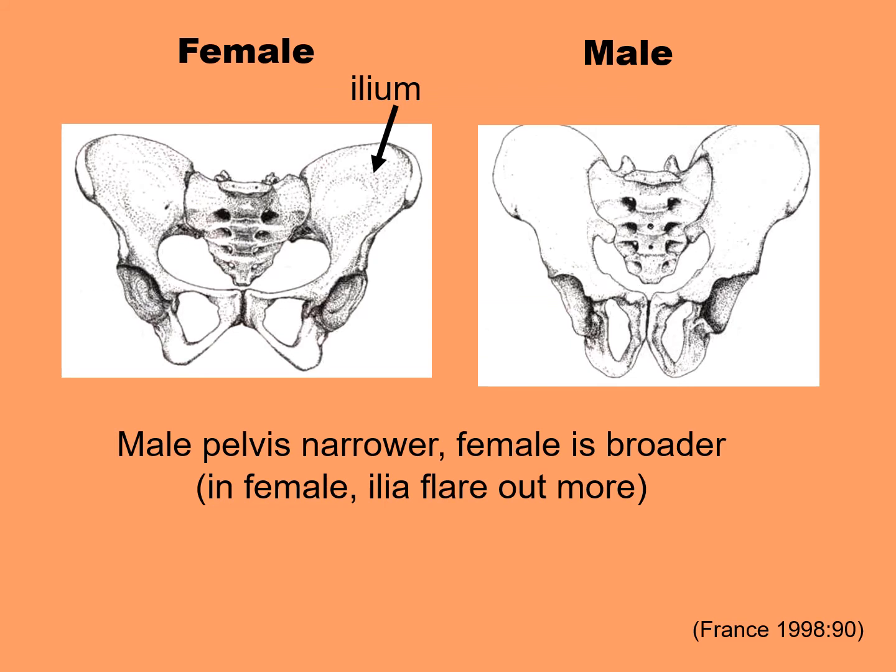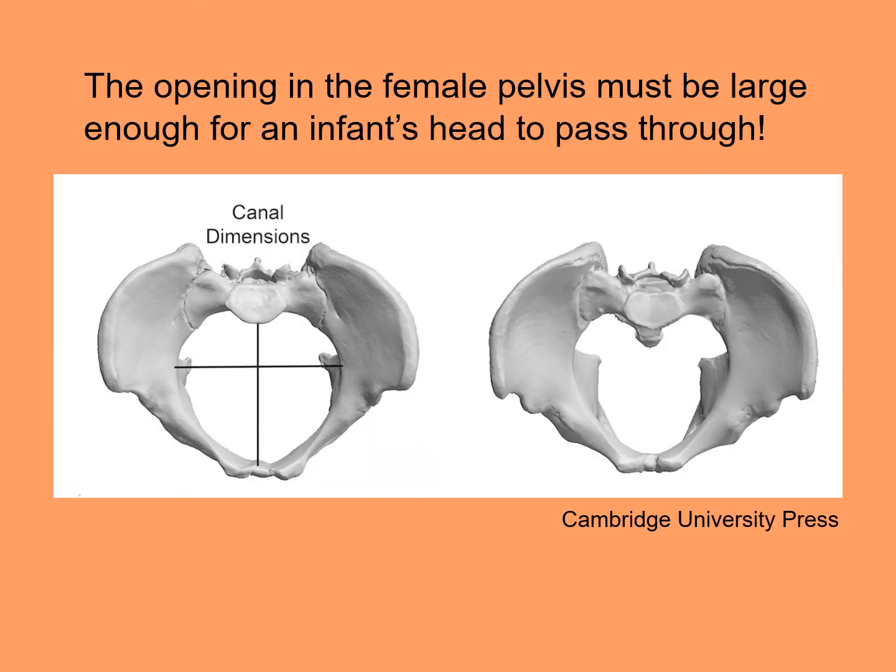First of all, the male pelvis is narrower and the female is broader. That is, in the female, the ilia flare out more. The opening in the female pelvis must be large enough for an infant's head to pass through.